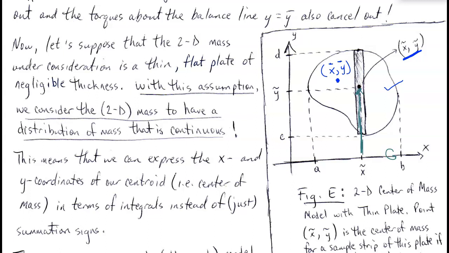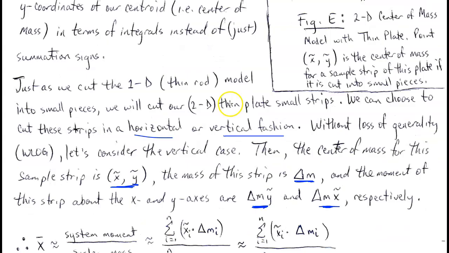And of course, if we have it the other way, if it's coming from the y axis, then we are assuming that our mass is rotating here about the y axis. And that's where that moment comes from.